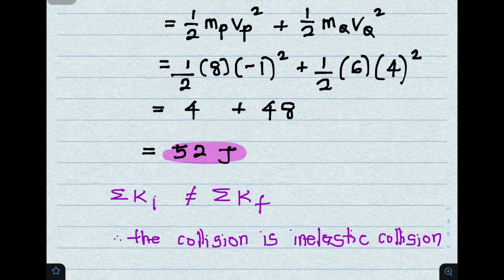So we can say that our total kinetic energy initial is not equal to the total kinetic energy final. Therefore, you can state that the collision here is an inelastic collision. So you need to calculate the kinetic energy before and after the collision to state the type of collision.